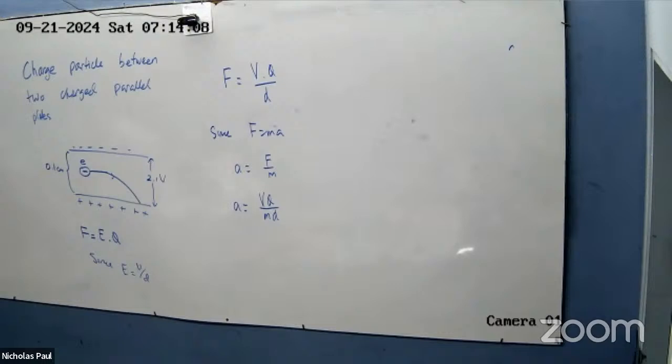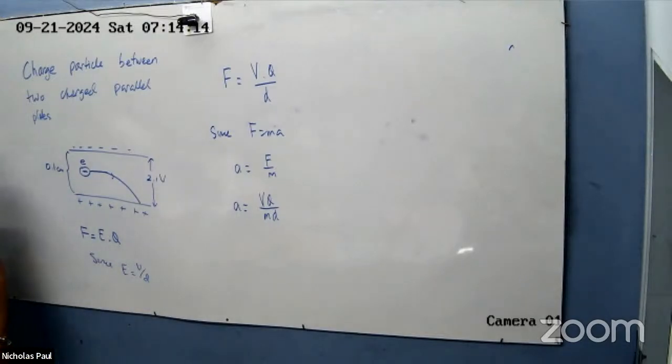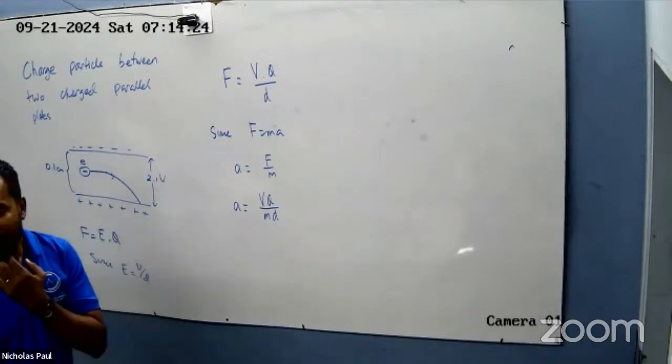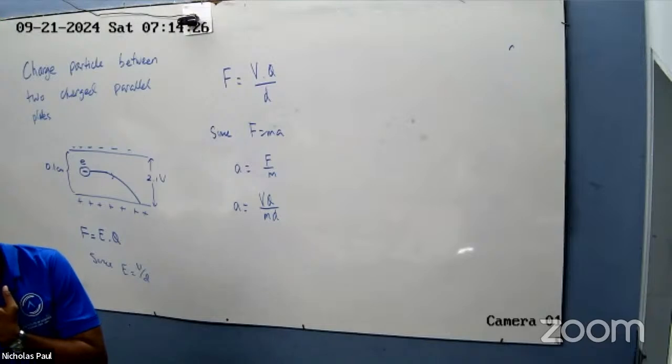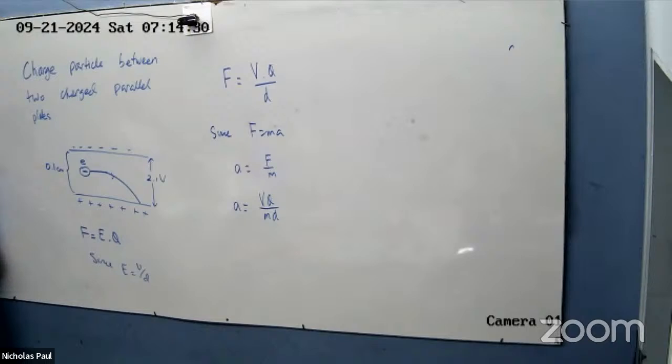The mass of an electron is 9.11 by 10 to the minus 31. That is the charge of it. The charge is 1.6 by 10 to the minus 19.